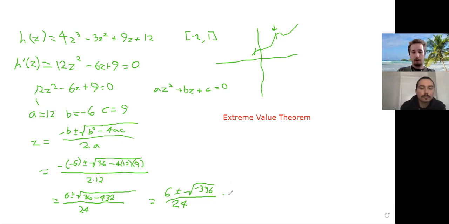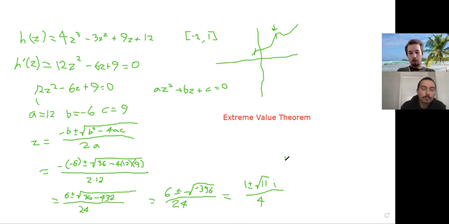And if we were to evaluate this, we would end up getting, all simplified down, 1 plus minus the square root of 11i, all over 4.